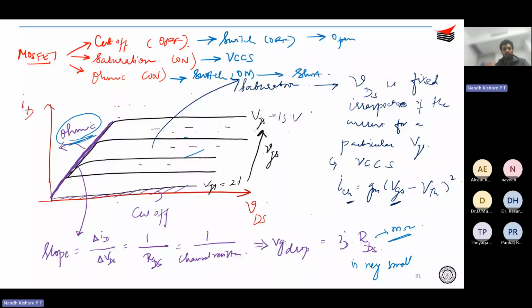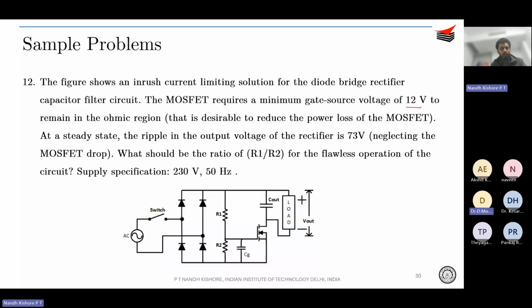So what they have given is the MOSFET requires a gate source voltage of 12 volts to remain in the ohmic region. So what you want is, across the gate source, in this picture this is your gate and this is your source, across the gate source you have 12 volts. If you assume this is the ground, you have 12 volts.